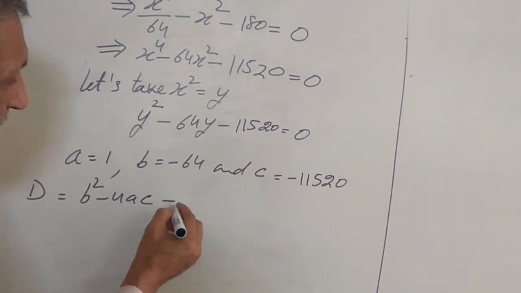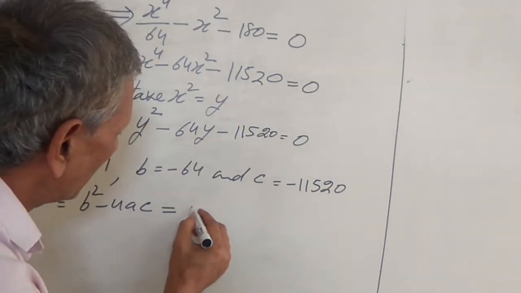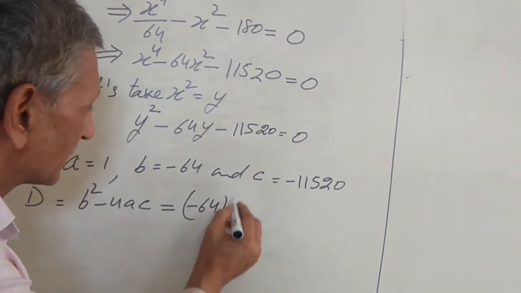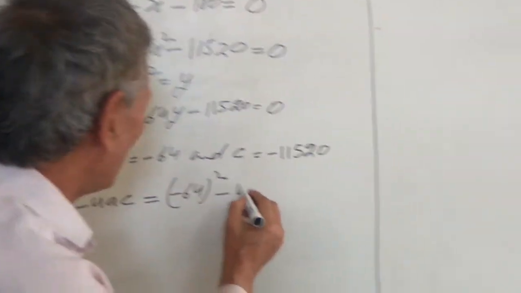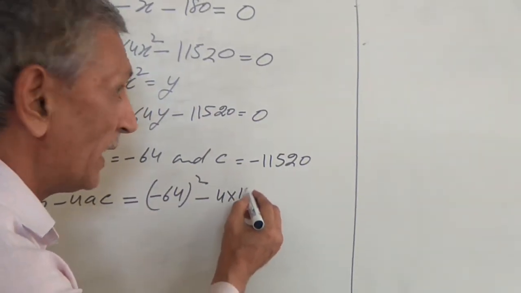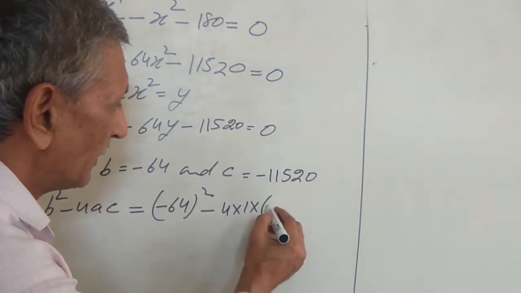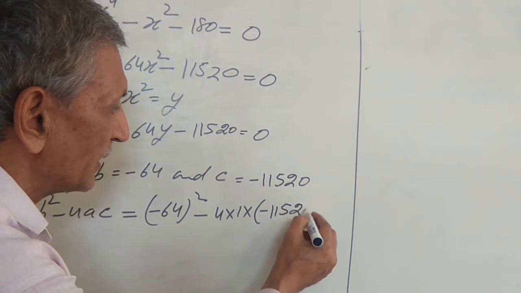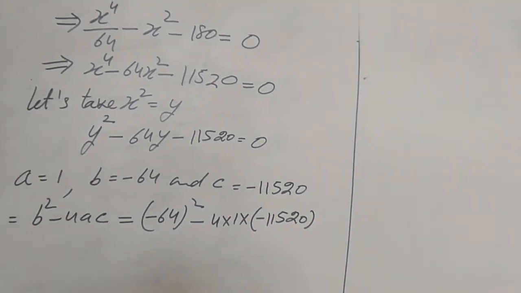So the discriminant should be the square of 64 minus 4 into 1 into minus 11,520.